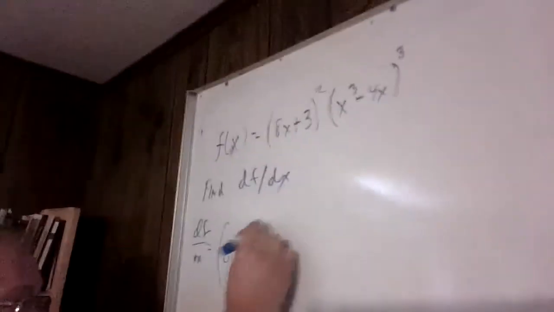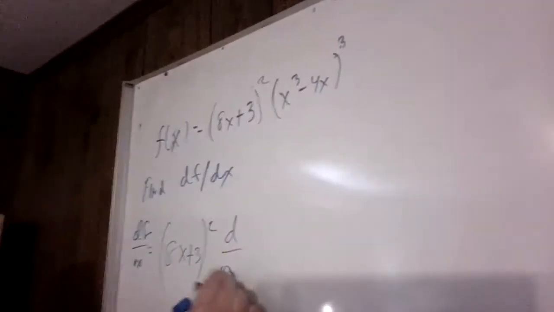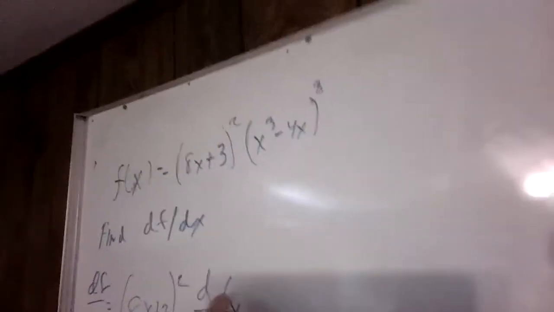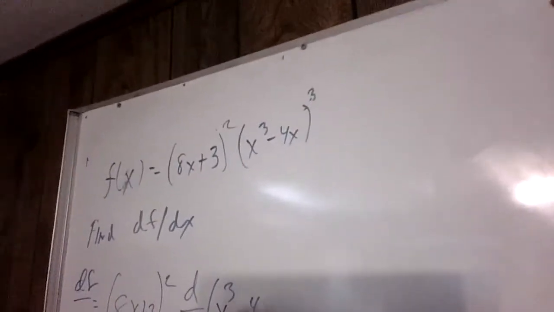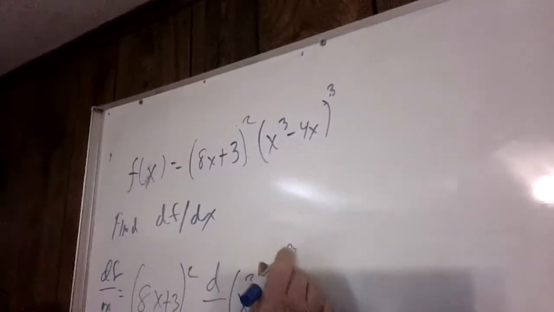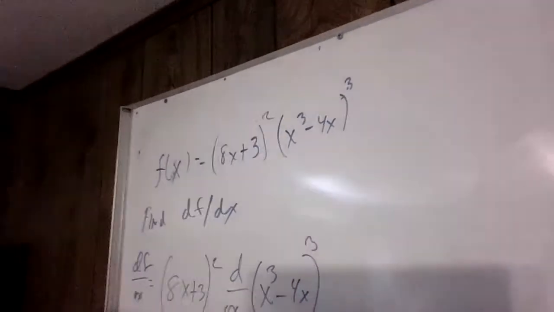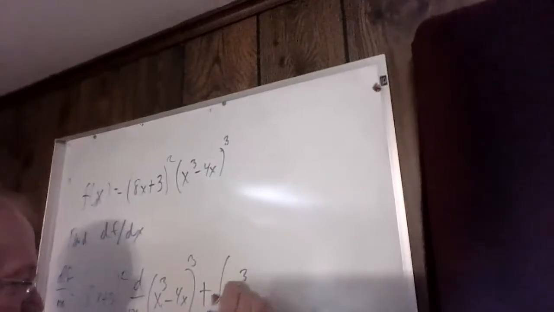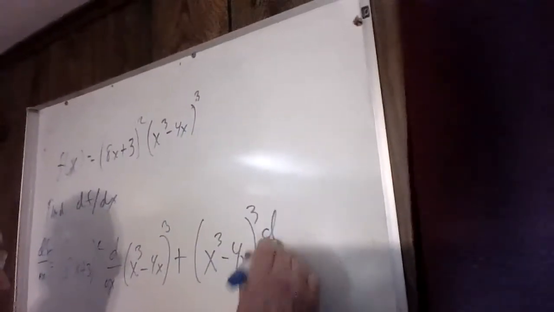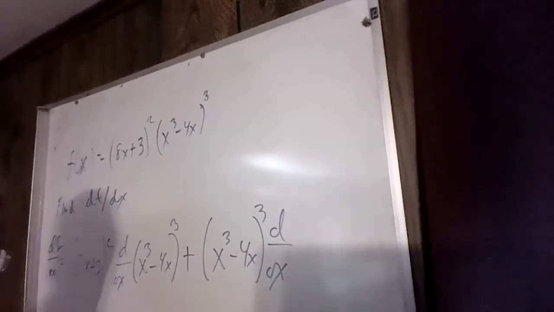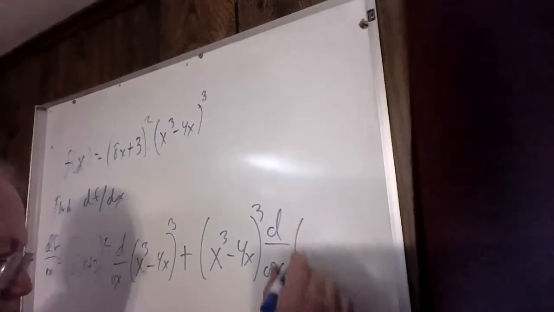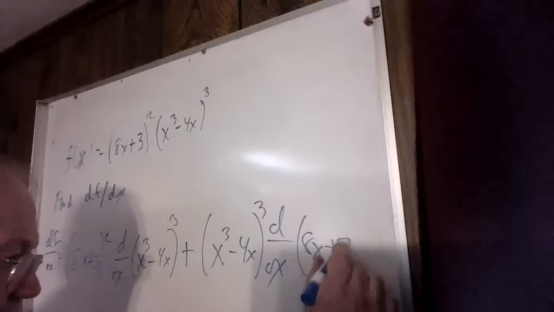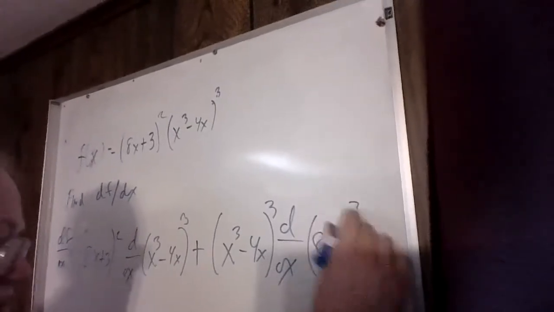All right, times the derivative of (x cubed minus 4x) cubed, plus (x cubed minus 4x) cubed times the derivative of (8x plus 3) squared.